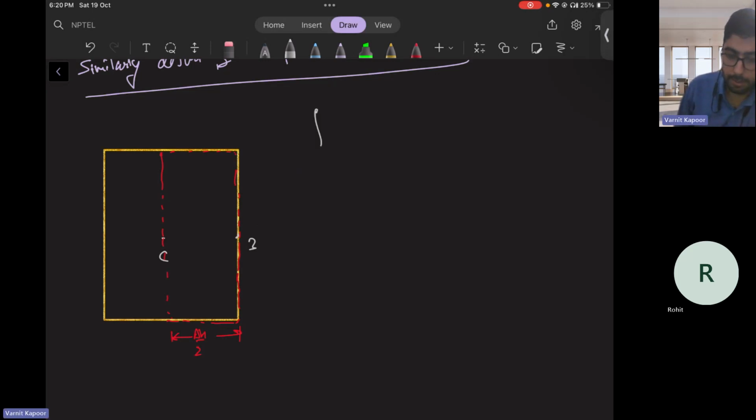So again, you integrate from C to 3, the convective term, plus from C to 3, dp by dx, is equal to 0.